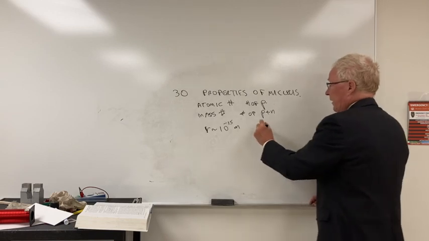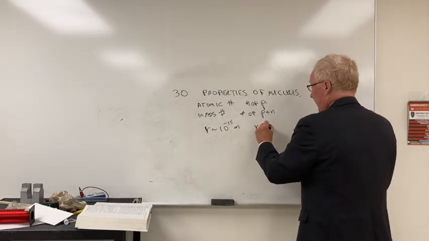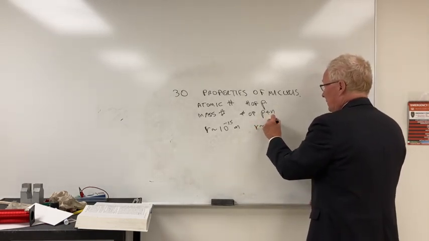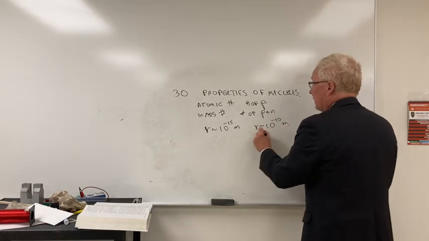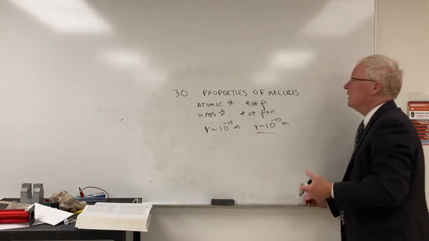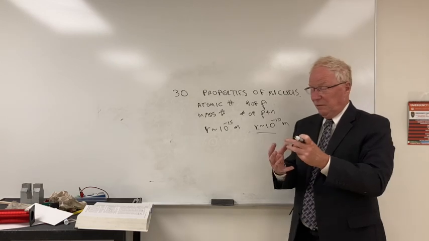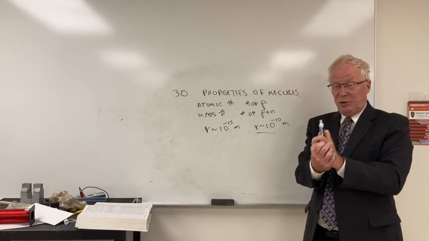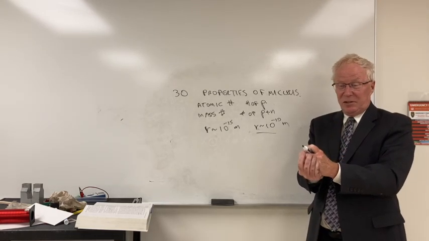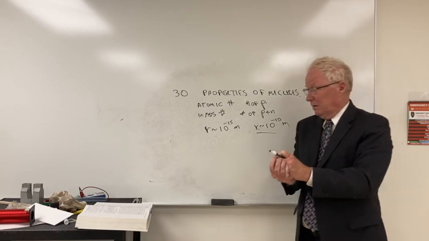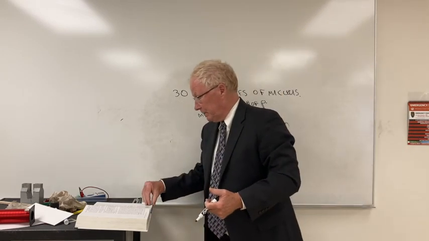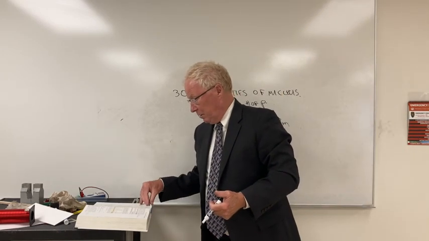Compare that to the radius of the atom itself, about 10 to the minus 10th meters. This is 100,000 times, which again explains why the vast majority of the mass is in this extremely small nucleus.